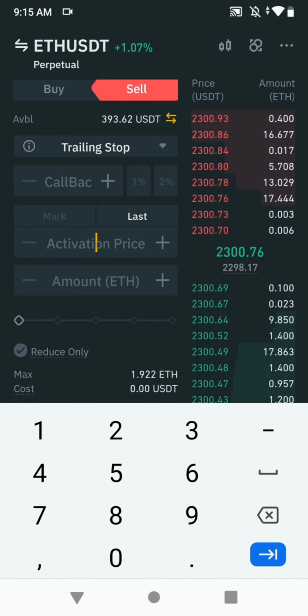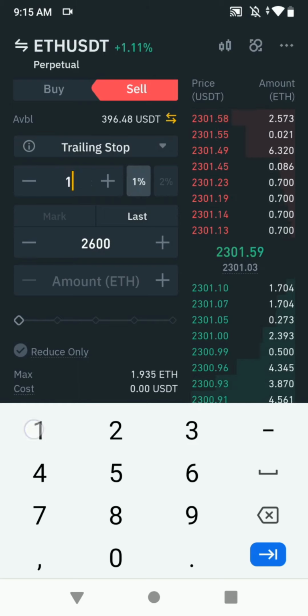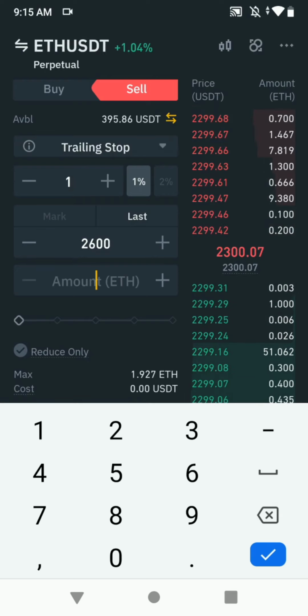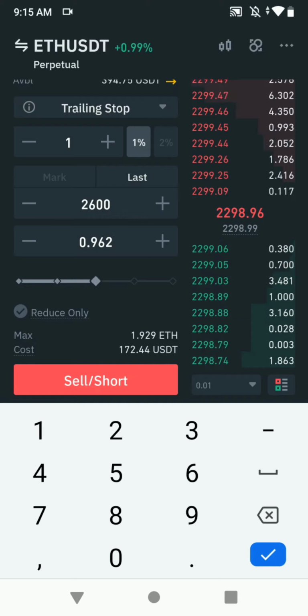So I would like to activate my trailing stop at 2600, and I will put the callback at 1%, since 1% of 2600 is 26. I would like to close 50% of it if the price goes above 2600, and if it falls, I would like to close this much below.